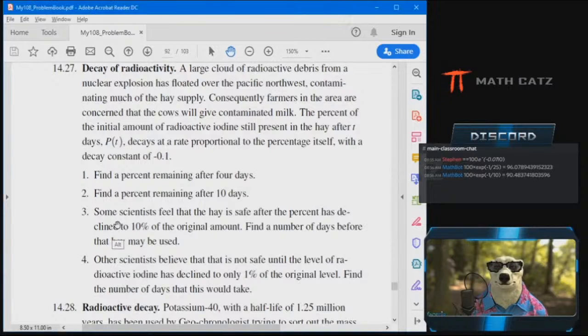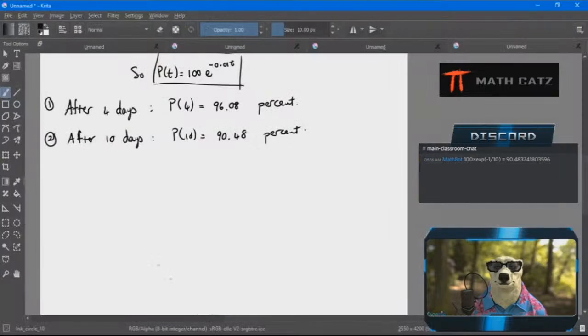So we've done that. Number 3, some scientists feel that the hay is safe after the percent has declined to 10% of its original amount. So now P is 10. Find a number of days before that hay may be used. So now I want to know in number 3, when is P equal to 10?